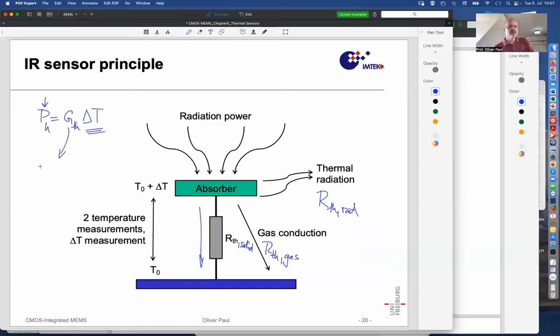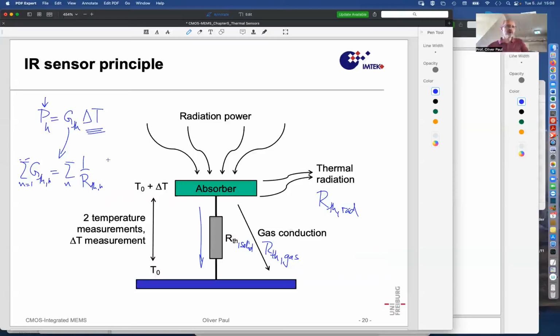Well, we've seen that it is equal to the sum of the G thermal,n, n equals 1 to, I don't know, maximum value. And this is equal to the sum of 1 over the R thermal,n. And so the overall thermal resistance is the sum of these inverse resistances to the power minus 1. It can be calculated if you know the individual contributions.